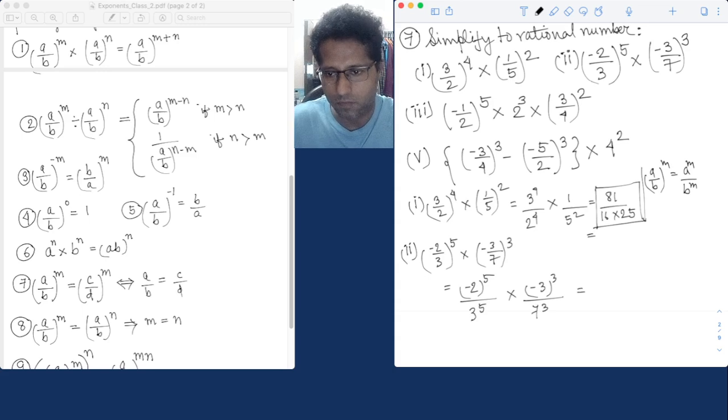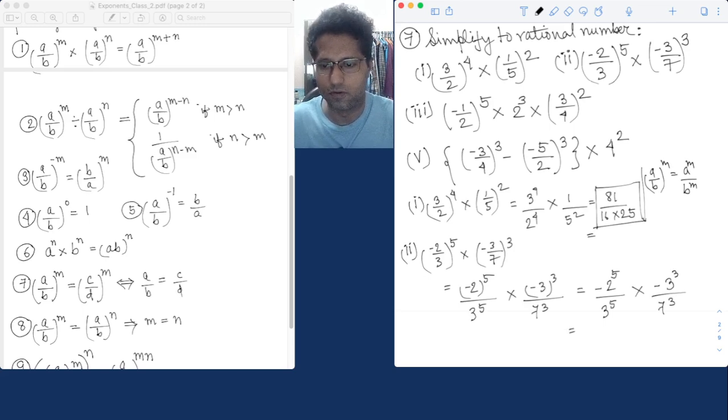Now (−2) raised to the power 5: we have discussed that any negative number raised to an odd power, and 5 is odd, is negative. So (−2) to the power 5 equals negative of 2 to the power 5, and we have 3 to the power 5. Similarly, over here we have (−3) cube. The power 3 is odd, so this becomes minus of 3 cube, and 7 cube.